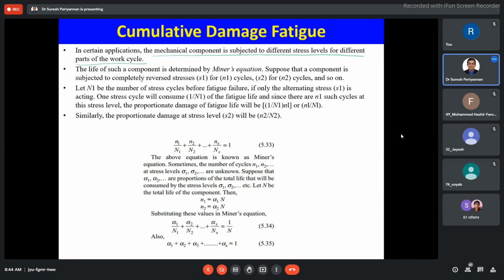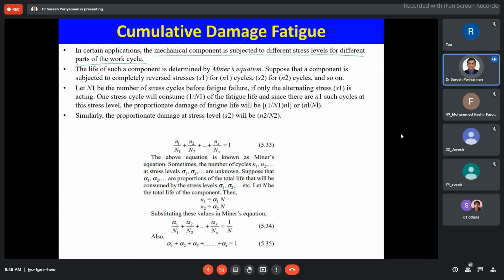Hence, I'm considering cumulative fatigue design. In the cumulative fatigue design, stresses sigma 1, sigma 2, sigma 3 are going to act in the component. Suppose we consider machine components with fluctuating or completely reversed stress, whatever you can say.